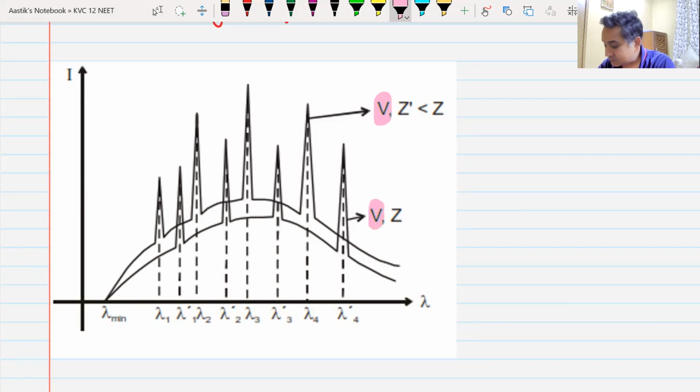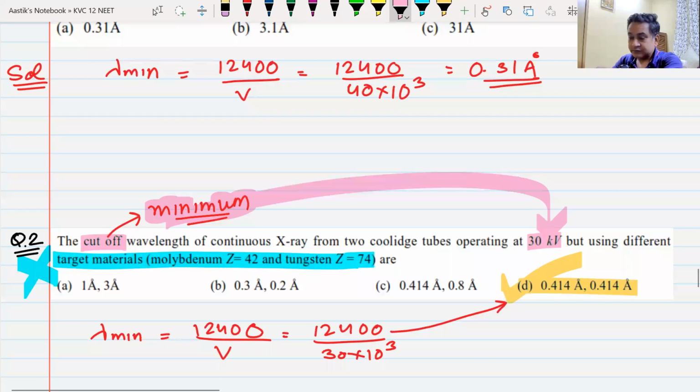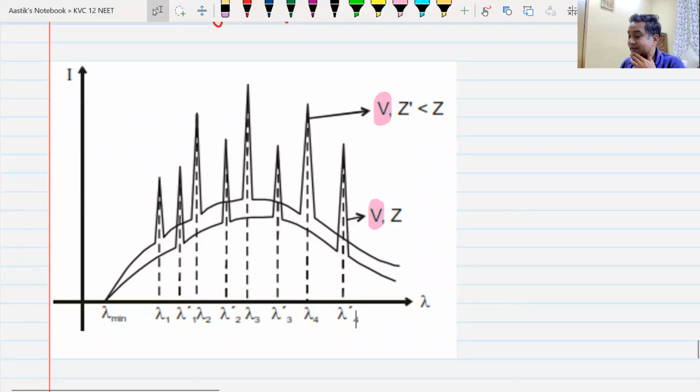This is the exact same question that was asked. Do you remember that question? Question number 2. Same operating voltage, but different metals. And you see the graph looks like this.